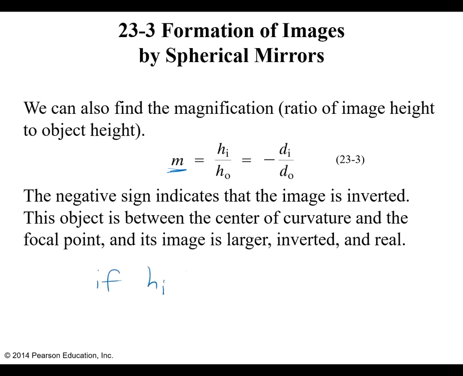Now, if your image height is negative, in other words, if your image height is less than 0, then your image is going to be upside down. That's what we mean by a negative image height. We have an upside down image.